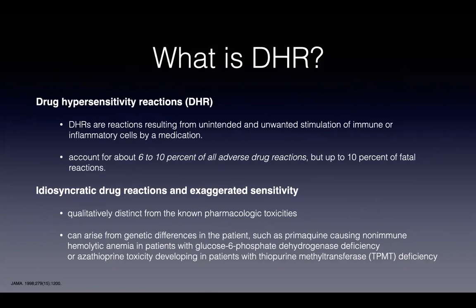And this can arise from genetic differences in the patient. For example, primaquine causing non-immune hemolytic anemia in patients with G6PD deficiency, or azathioprine toxicity developing in patients with TPMT, that is thiopurine methyltransferase, deficiency.